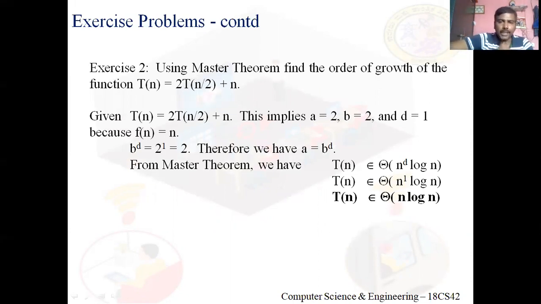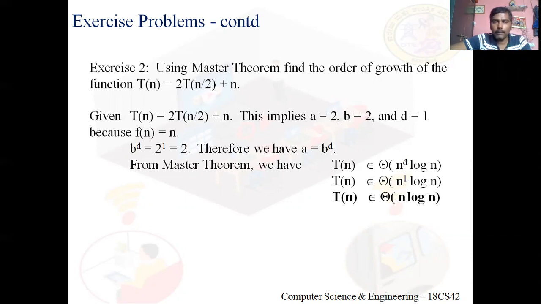Using the Master theorem, find the order of growth of the function T of n equals 2T of n by 2 plus n. Now I think you have in mind the recurrence for divide and conquer.